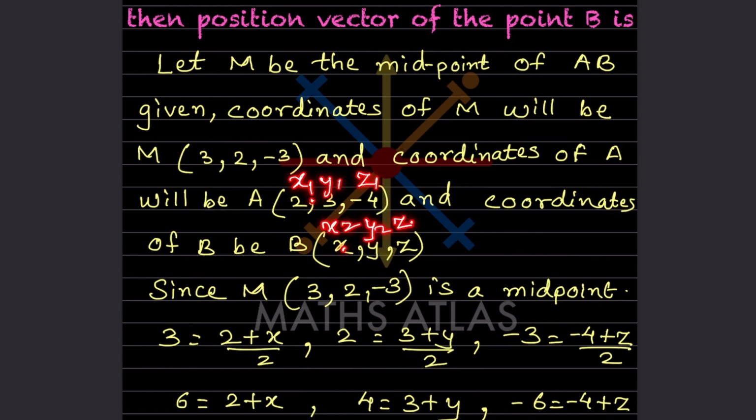Hope you got this one. When we take the midpoint 2, it is y1 plus y2 divided by 2, so this plus this divided by 2. And when you take the point minus 3, that will be z1 plus z2 divided by 2. Hope this is clear.